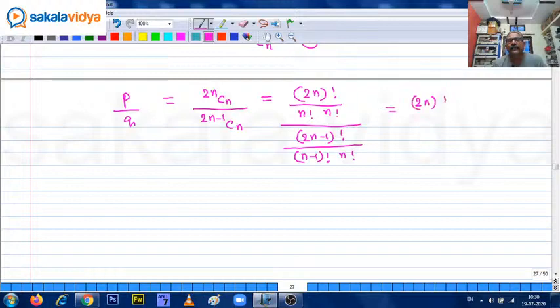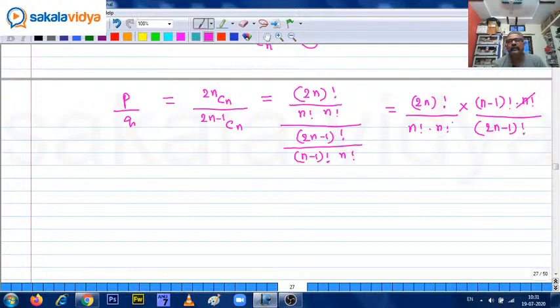2n factorial upon n factorial times n factorial, multiplied by n minus 1 factorial into n factorial upon 2n minus 1 factorial.